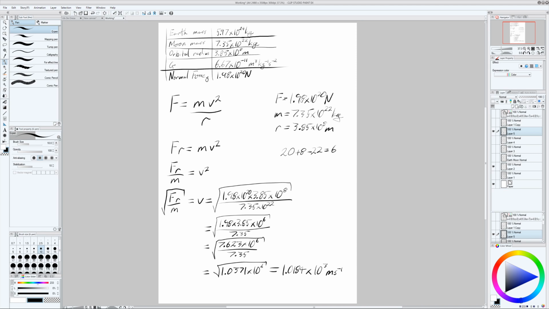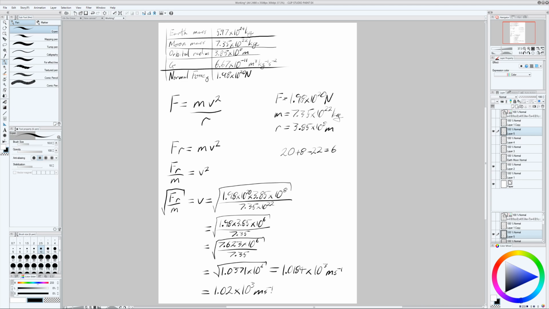Now this is going to be tangential to the circular path, and so the grand total of that, if we round it, is 1.02 times 10 to the 3 meters per second.